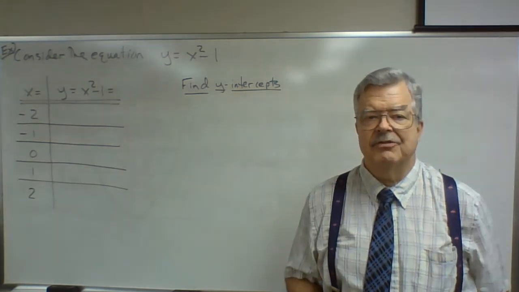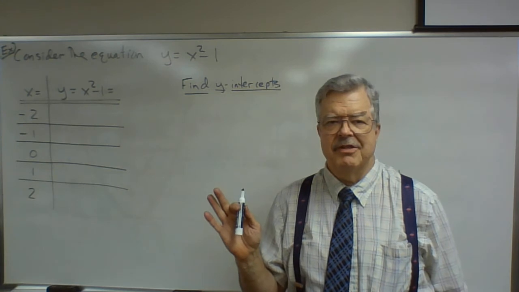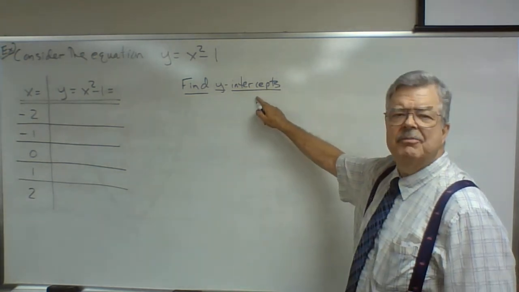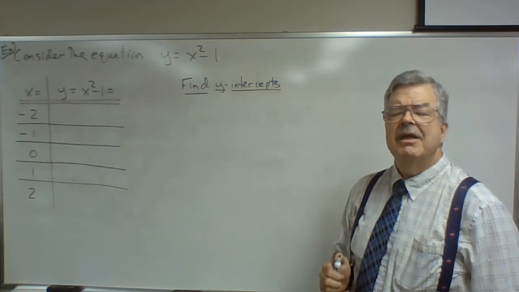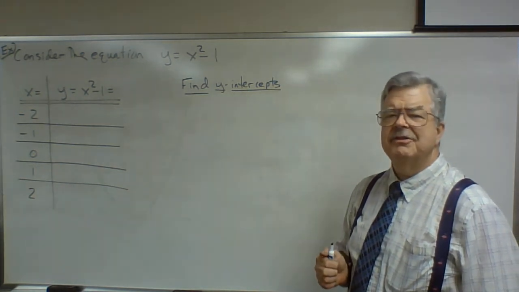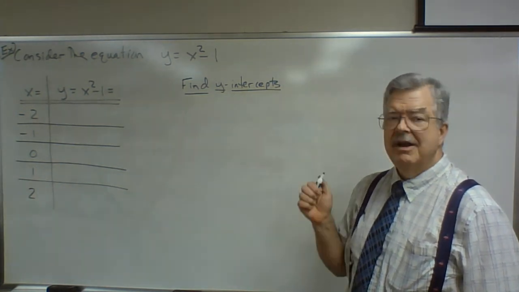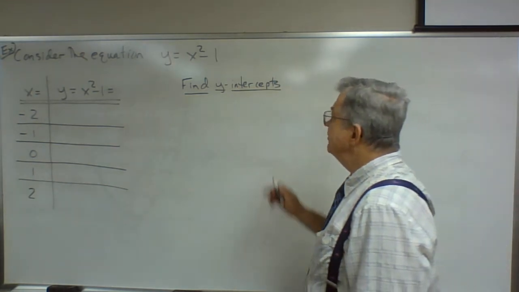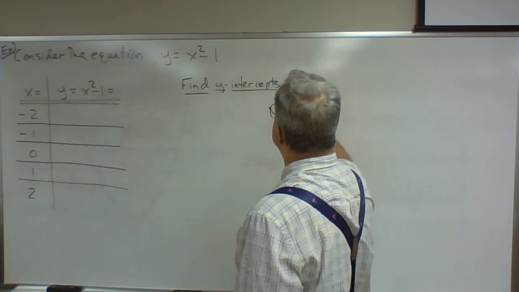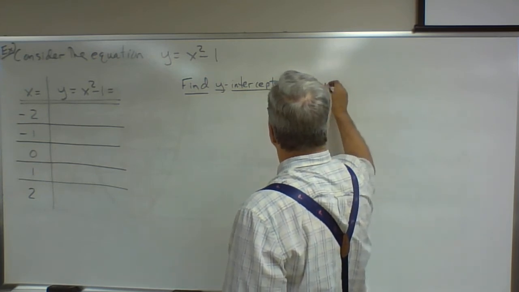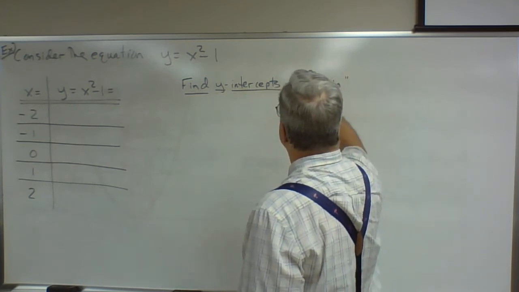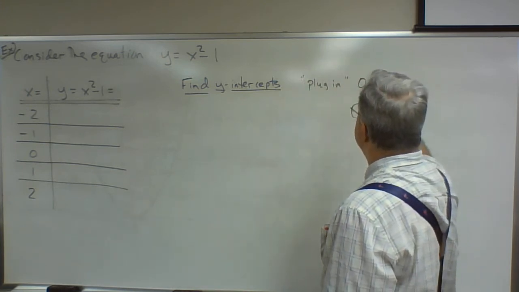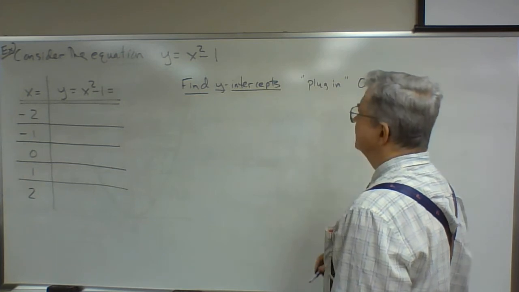Everything that we do in the xy plane is done with reference to the xy axes. So finding the y-intercepts and the x-intercepts is an important step in graphing an equation of two variables. So let's find the y-intercepts: plug in 0 for x.